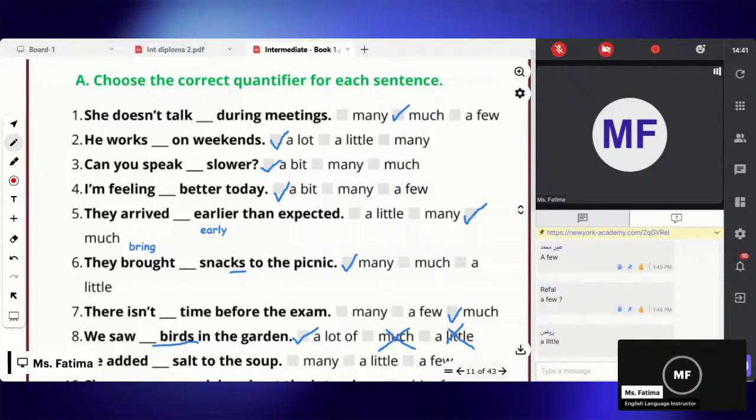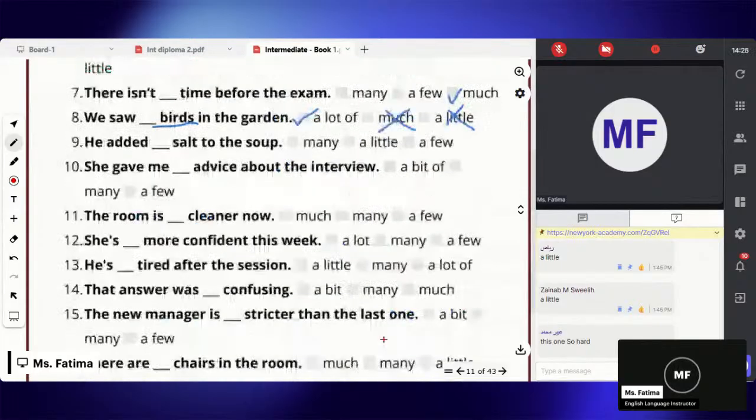Salt again is uncountable, and as a result, salt is not countable. So we use what? Yes, this one is so hard. No, not at all. Salt is uncountable. So we use what here? Yes, excellent. A lot.